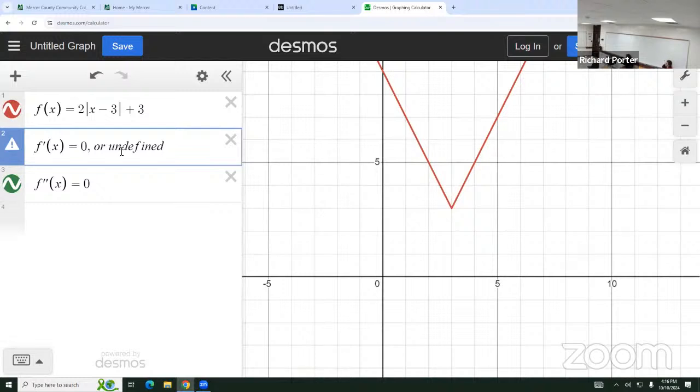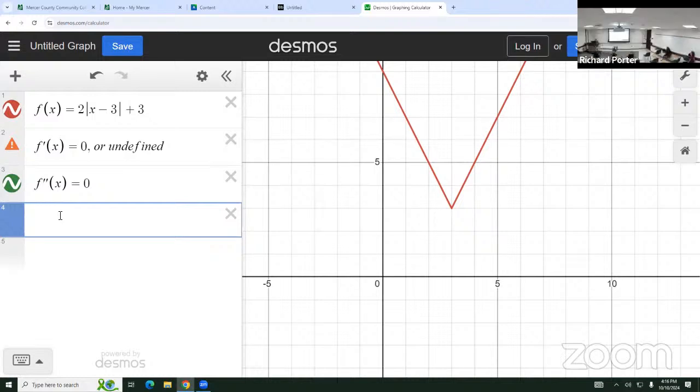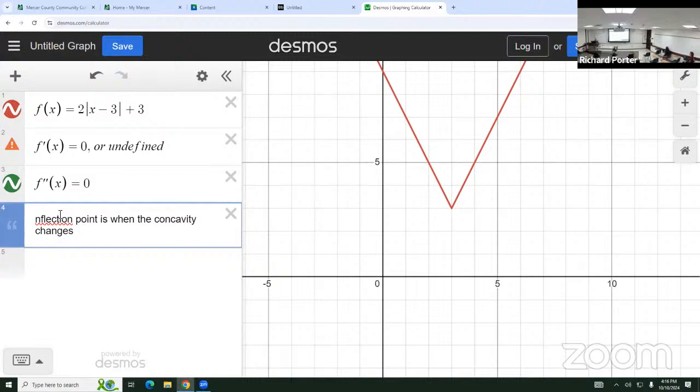All right. But the inflection point is not found by when it equals 0. An inflection point is when the concavity changes, or the second derivative changes sign.